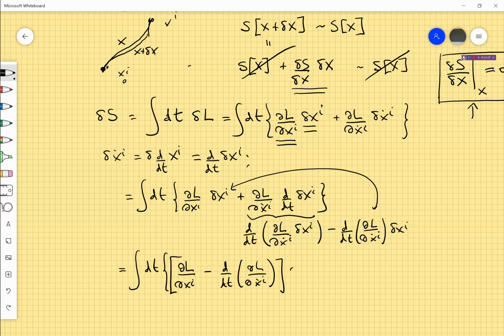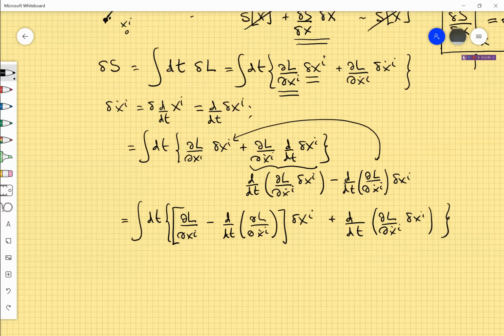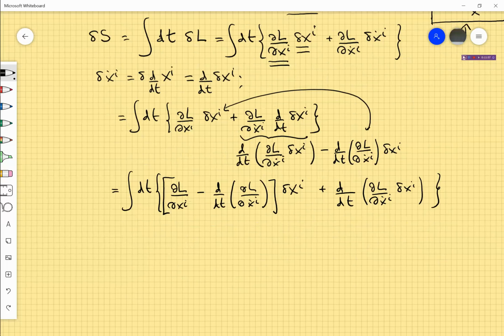Okay, so this part is proportional to delta xi, but there is still this piece here. And we cannot claim that this is delta S over delta xi unless we know what this contribution is, because still it could be something proportional to delta xi. Since this is an integral with respect to t, and this is a total derivative, we can integrate this part. This stays as it is.